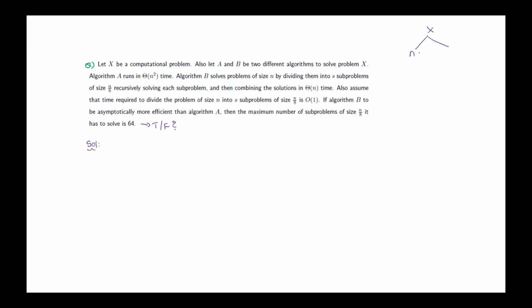We have two algorithms to solve X. A runs in, again as usual, theta of n square time. What is the amount of time B takes? That we need to calculate. It divides into S subproblems, each of size n by 8.